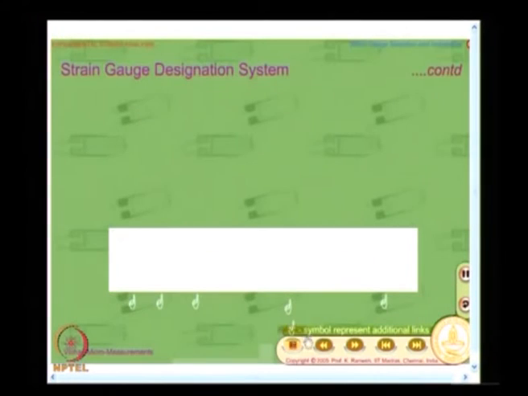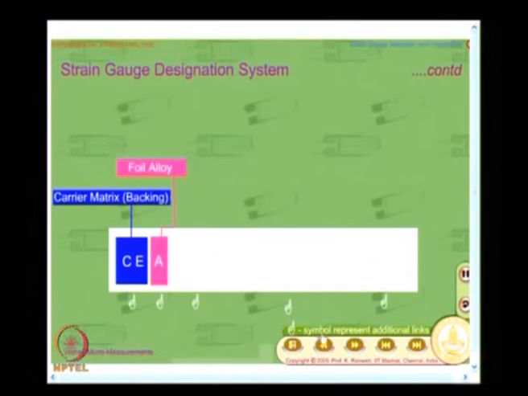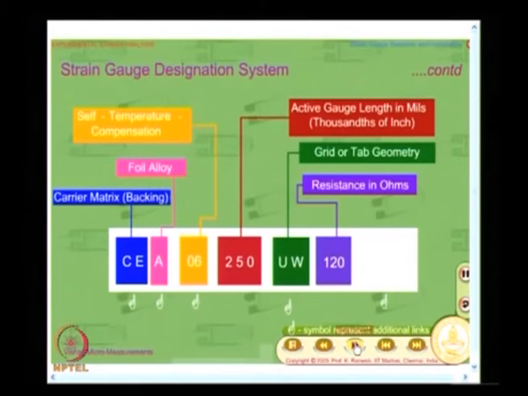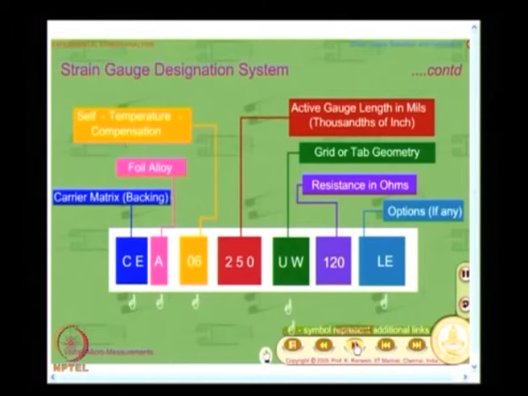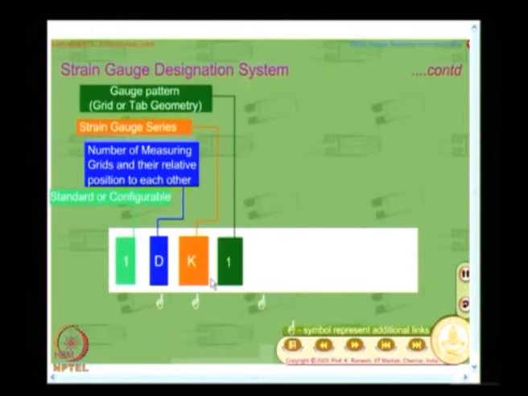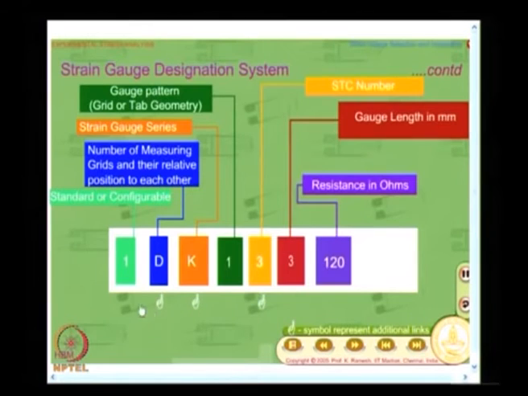And now, what we will do is, we will go and see the designation system adopted by HBM. And I have tried to use the same color code for similar parameters. Obviously, the order is different here.